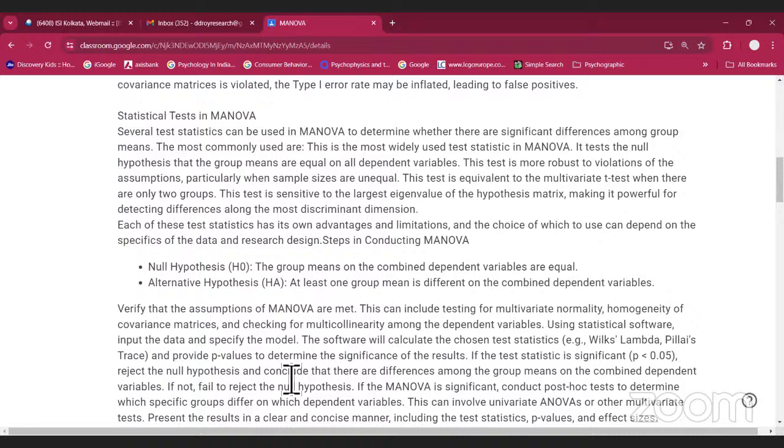Sir, can you please repeat this part? Maximization of the differences among the groups and minimization of the differences within the group. So within group variance will be smaller and between group variances will be higher.